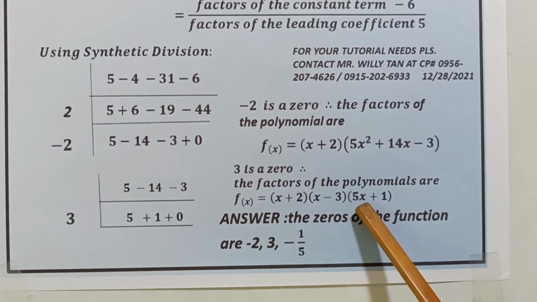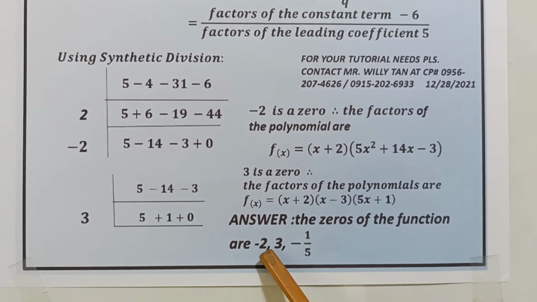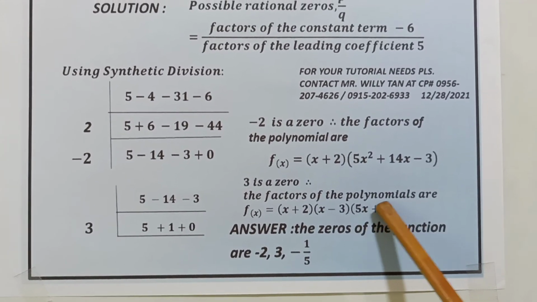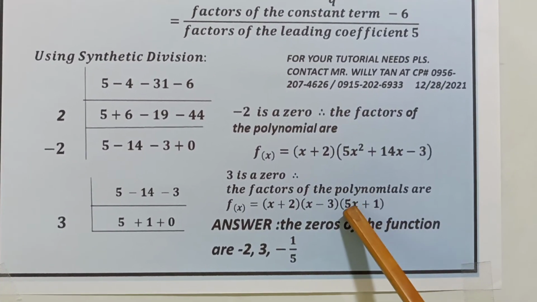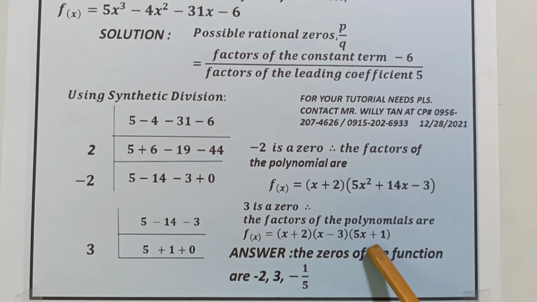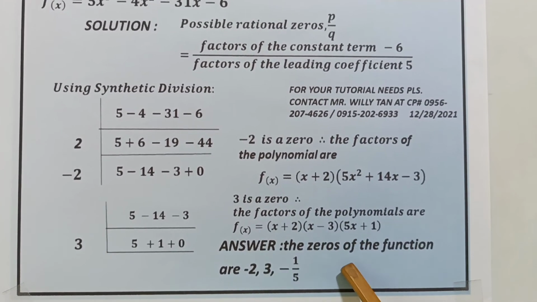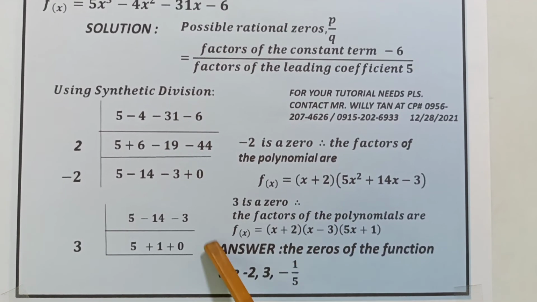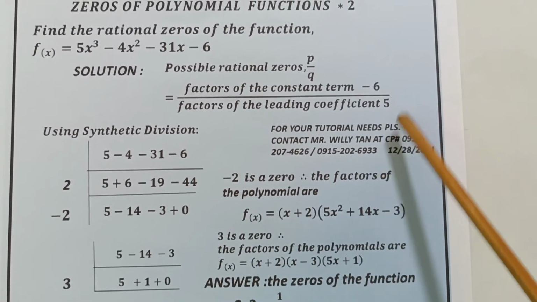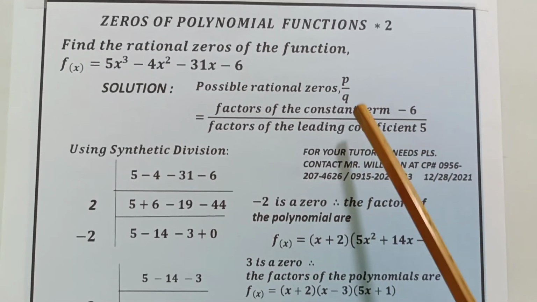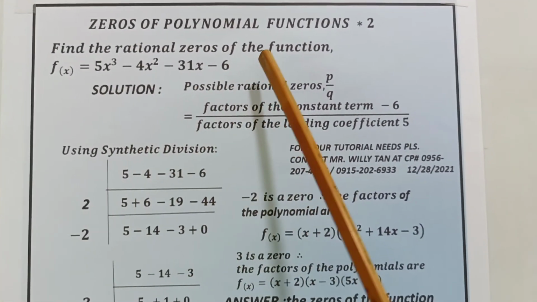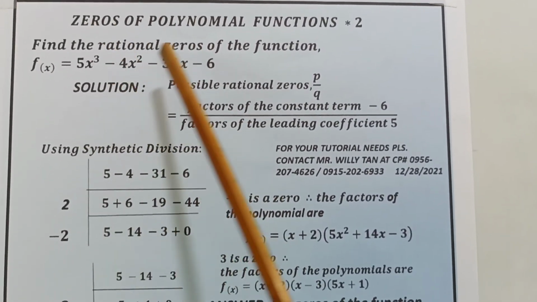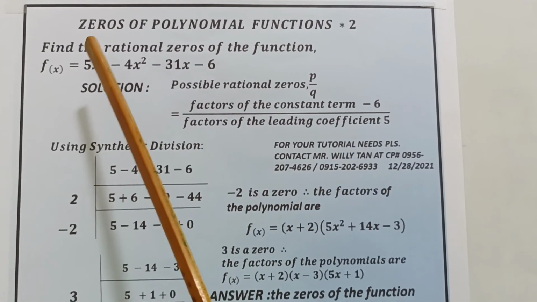So the zeros are negative 2, positive 3, and from this factor, negative 1 over 5. This is another way of solving for the zeros of a polynomial function with the leading coefficient not equal to 1.